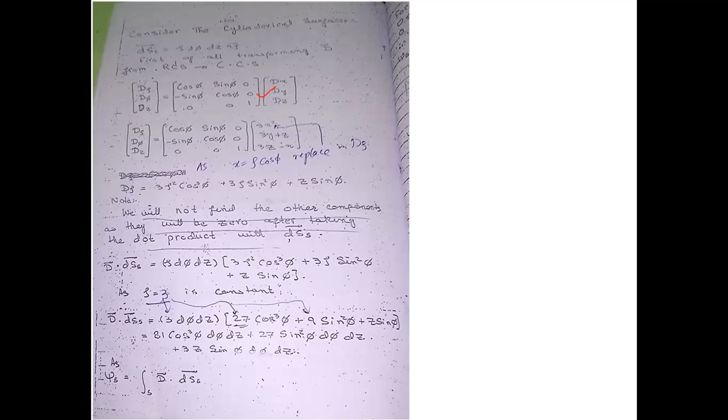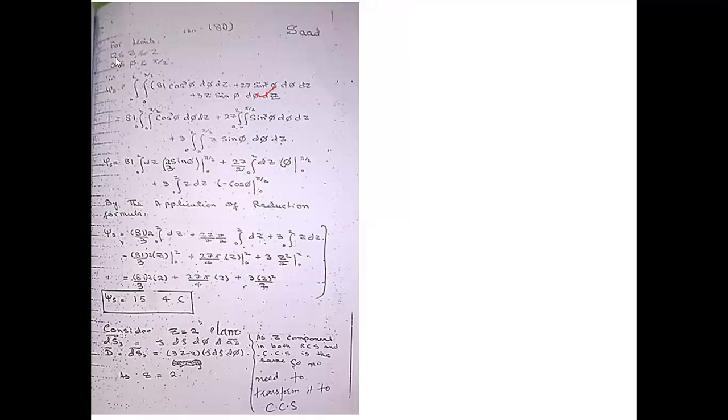And in the dot product, the z limits are 0 to 2 and the phi limits are 0 to pi by 2. So applying the integration and putting these limits, you will get 15.4. Now the z equal to 2 plane.